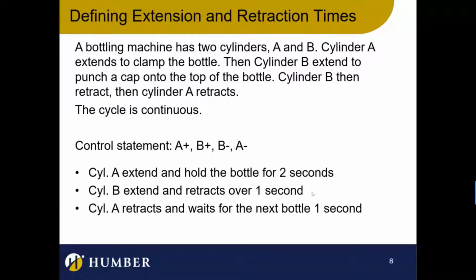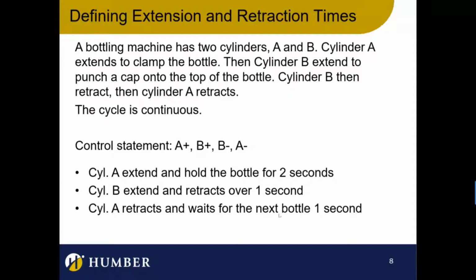Whether it takes 3/4 of a second to extend and 1/4 second to retract doesn't matter. It says here it extends and retracts over 1 second, so one full cycle takes a second. Cylinder A retracts and waits for the next bottle for 1 second. So 1 second is my turnaround time.